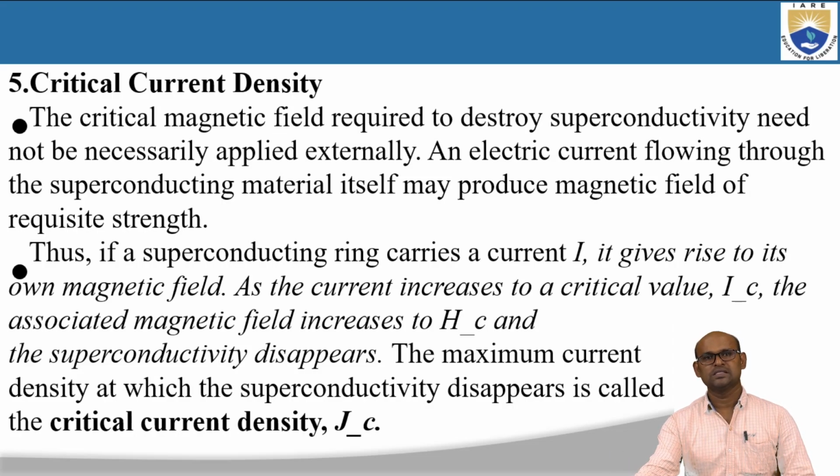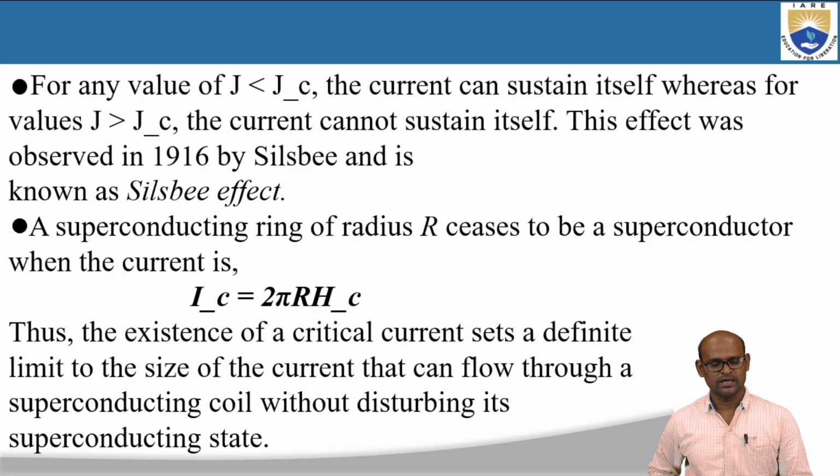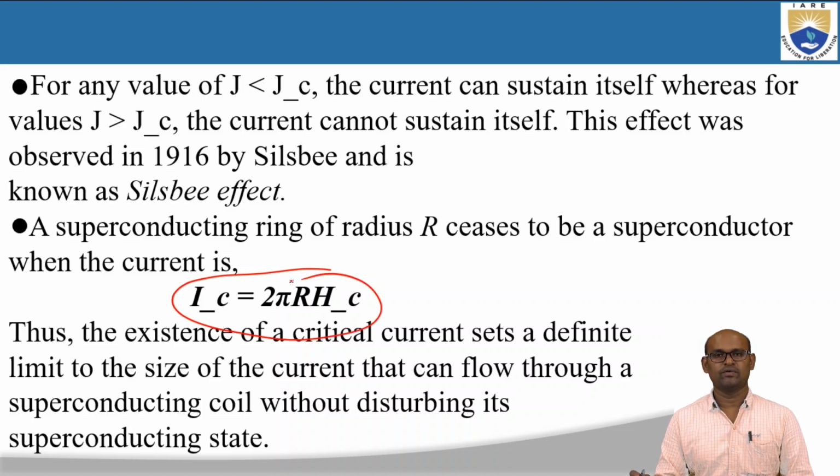We can destroy the superconducting state not only by applying a magnetic field, but also by the internal current flowing in the superconducting ring. If we increase the current above a critical value Ic, the magnetic field produced by this current also increases beyond Hc, and the superconducting state is destroyed. The current above which the material goes from superconducting state to normal state is called the critical current density, and this effect is called the Silsbee effect.